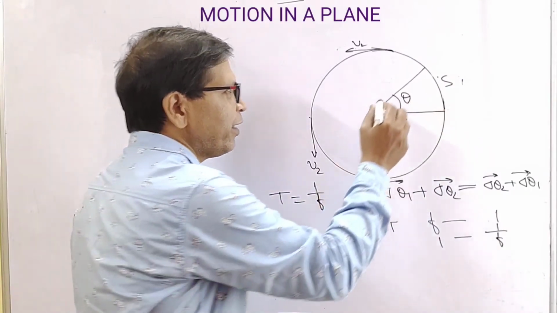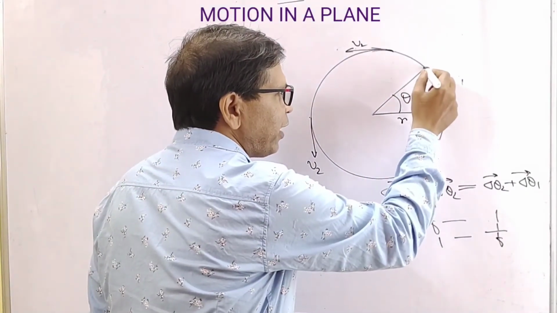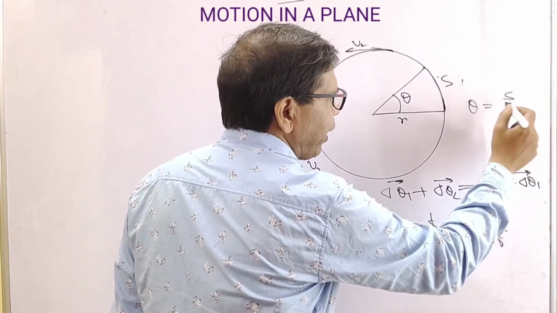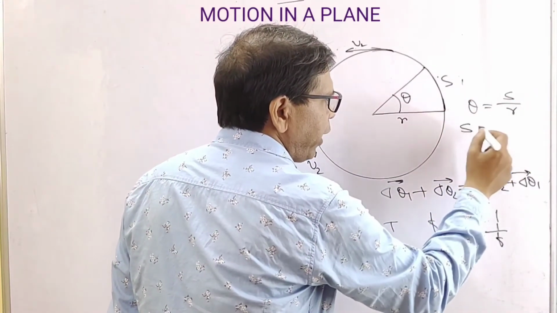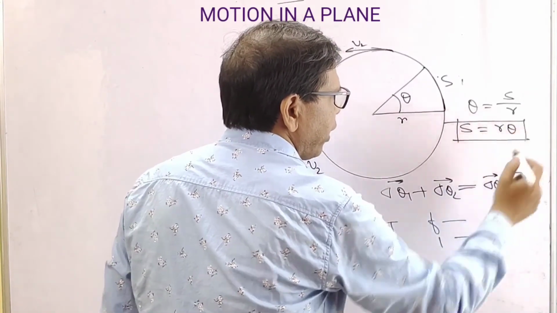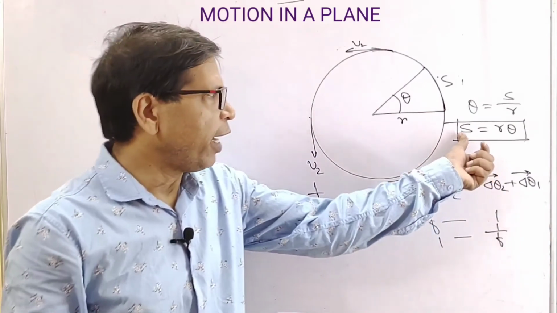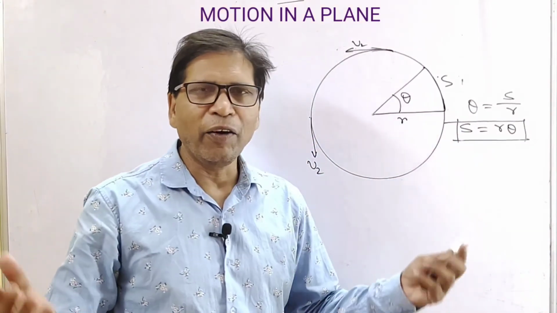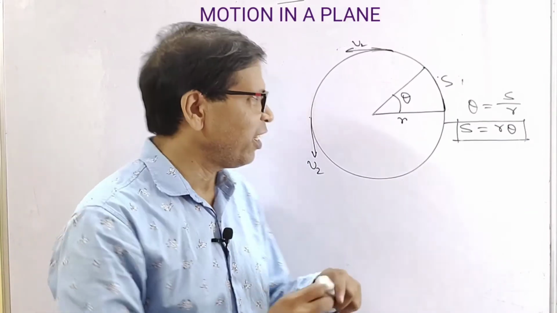Look at this. This is the arc length. So theta equals arc length by radius. So S equals r theta is the relation between the linear displacement and angular displacement. Now angular velocity.